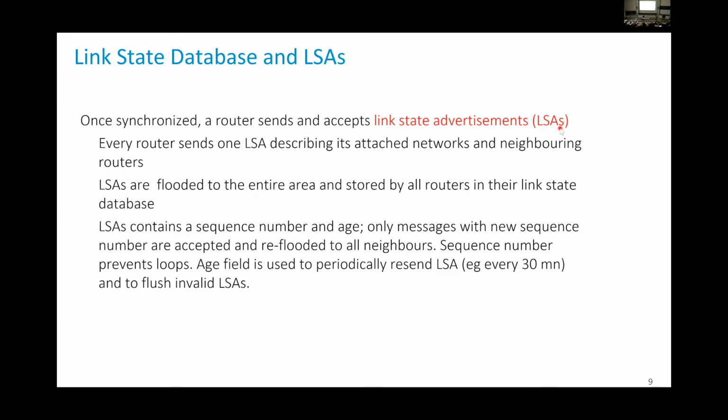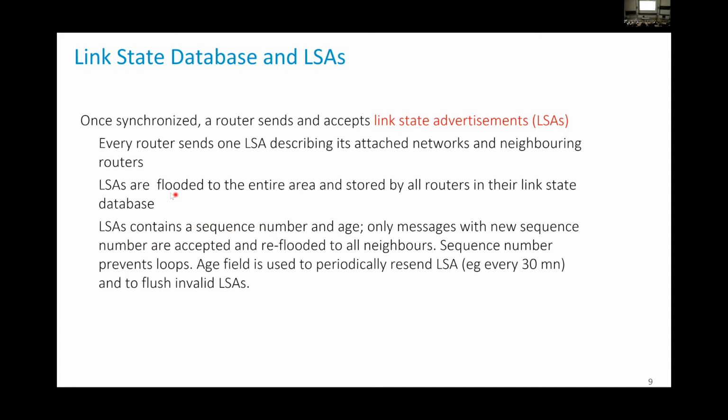So these LSAs are the records of the topology database, and they are originated by one router, where one router describes what it sees locally, and then they are flooded to the entire area. And of course, we avoid flooding loops by first having a sequence number.